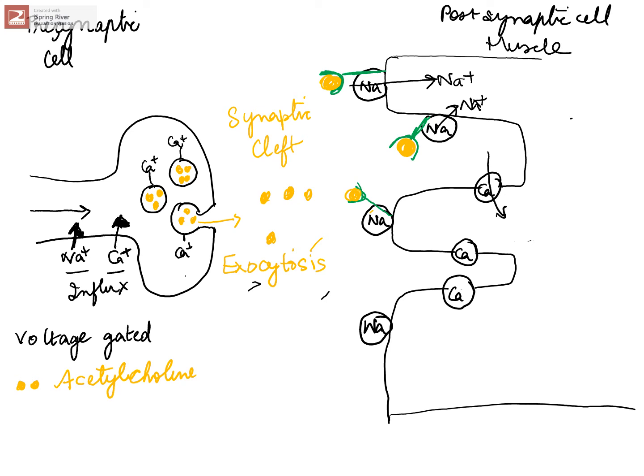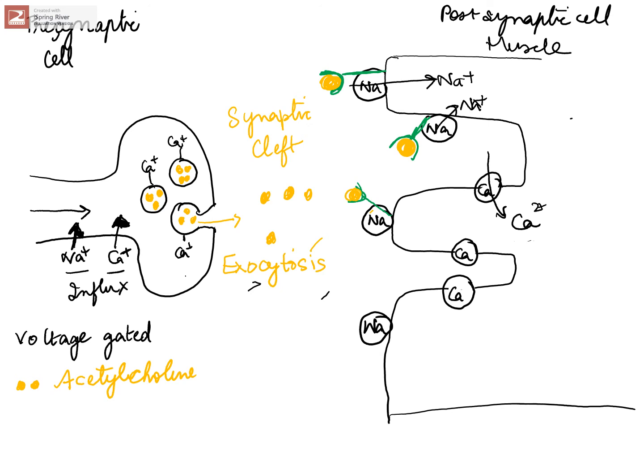So these are the voltage-gated calcium channels, which cause an influx of calcium ions into the muscle cell.